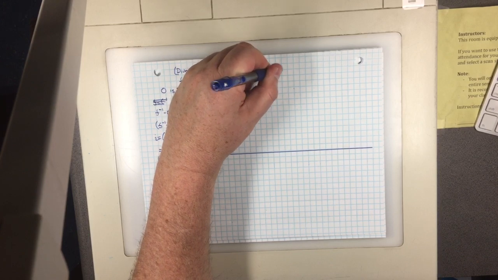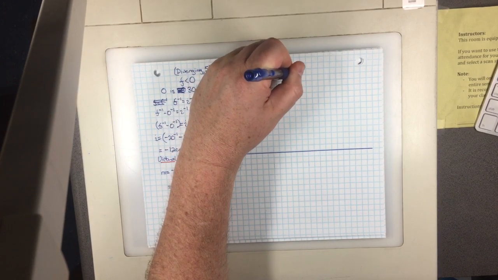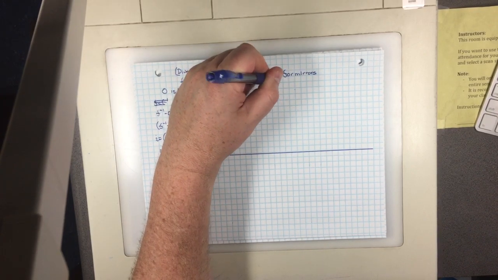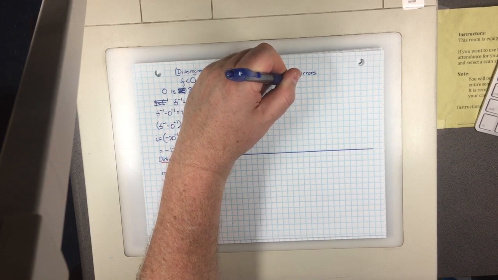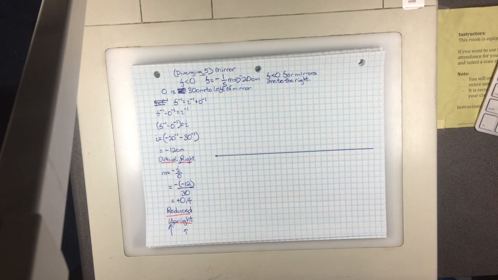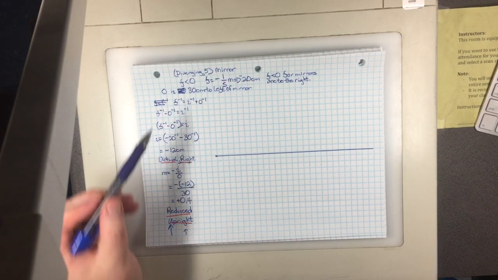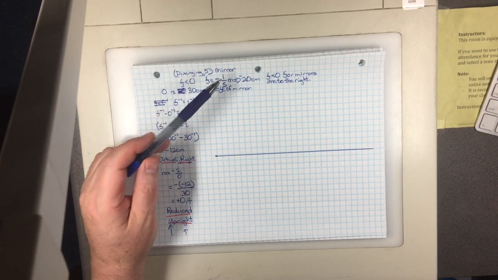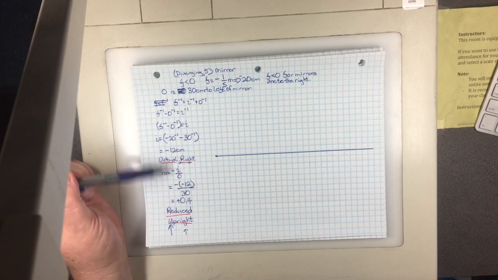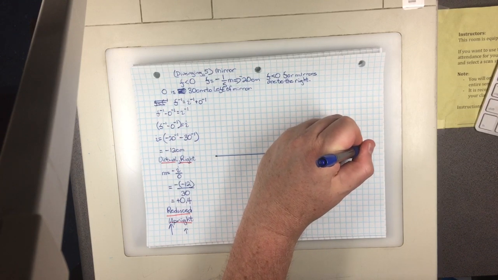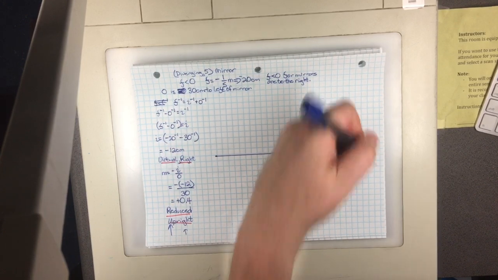Focal lengths less than 0 for mirrors are to the right of the mirror itself. So the one that's furthest to the right, the object is 30 centimeters to the left, then we have F prime, then we have the mirror, then we have the image, and then we have the focal length. I'm going to need a little bit of space here.